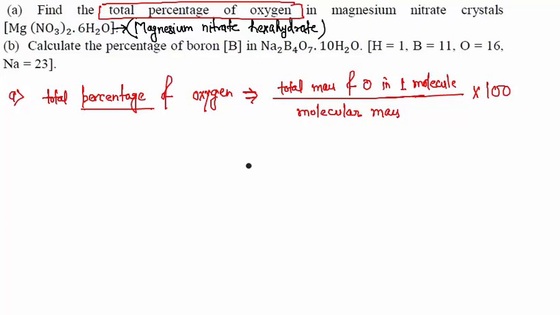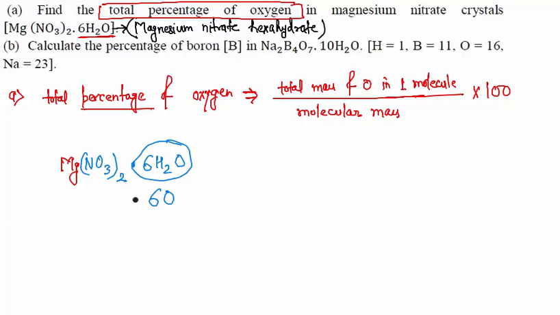Okay, so first find the mass of oxygen. How many atoms of oxygen are there in this particular compound? Look at this, Mg(NO3)2 dot 6H2O. In this case, 6 oxygen, and in this case also 6 oxygen.